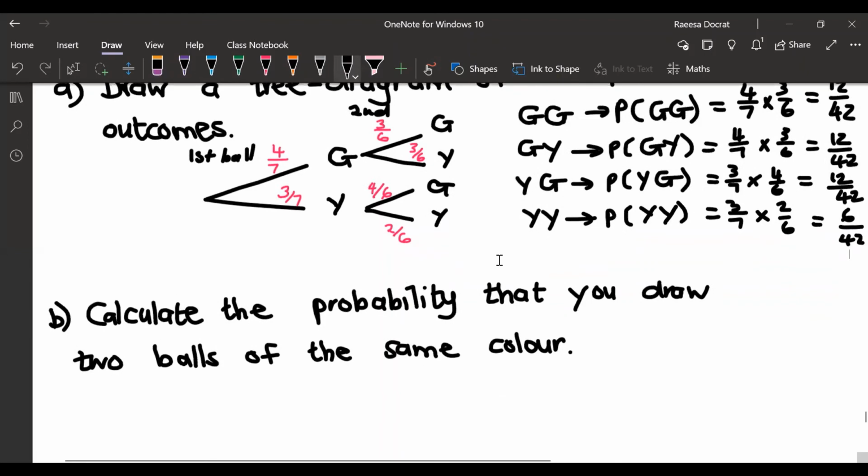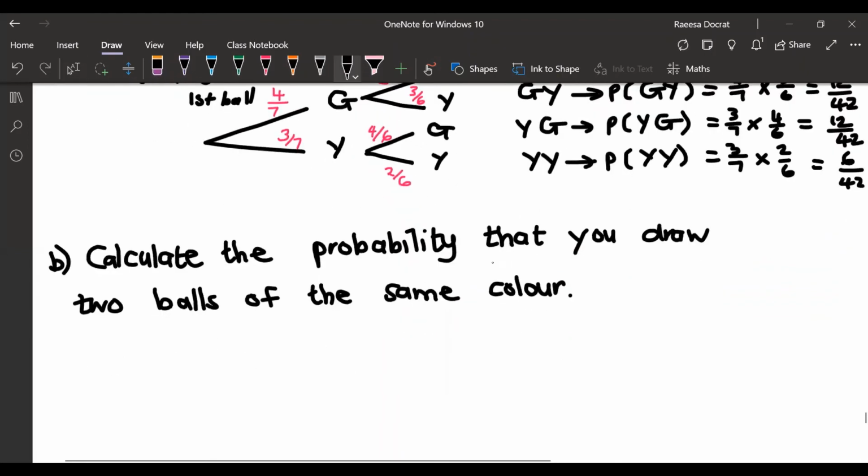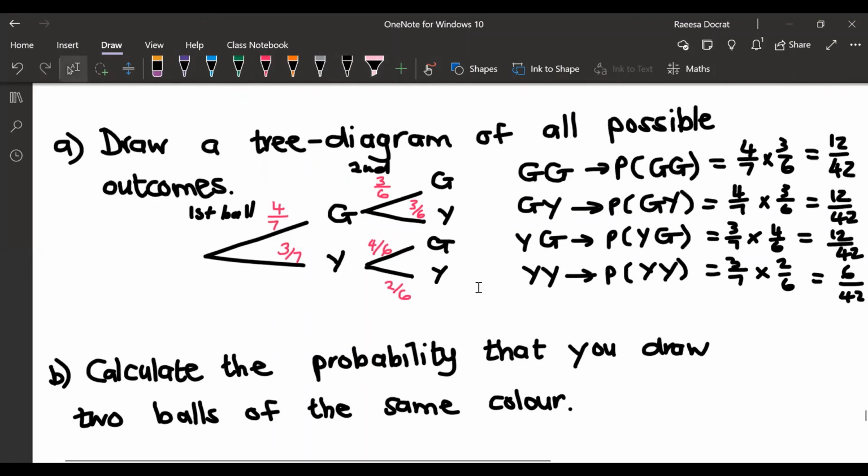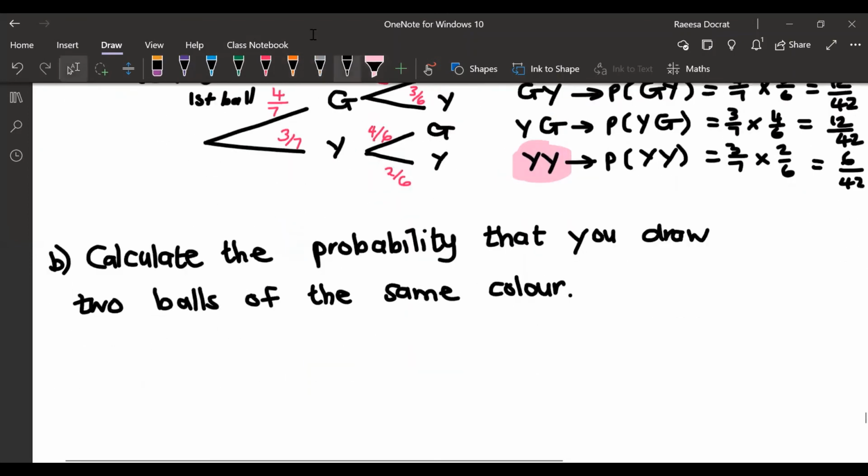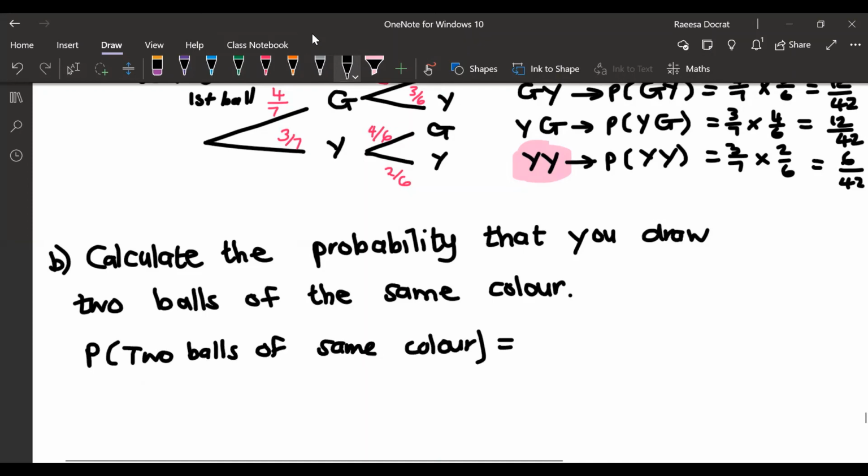It says, what is the probability that you draw two balls of the same color? So which ones are we considering here? We're considering the combination of green, green and yellow, yellow, because those are two balls of the same color. So the probability of two balls of the same color is equal to the probability of yellow, yellow plus the probability of green, green.